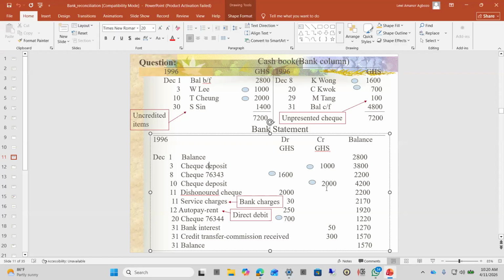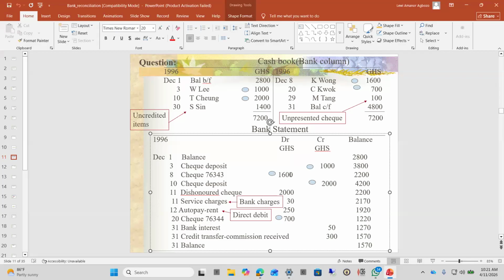Yes, sir. Then on the 11th, we didn't have anything in our cash book. There was nothing on the 11th. But when we received the bank statement, we saw that the 2,000 that we went to deposit was dishonored in the bank. So the bank debited it back.